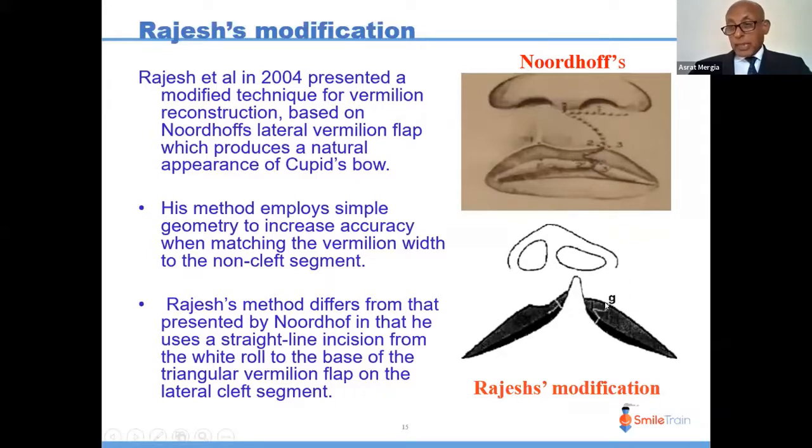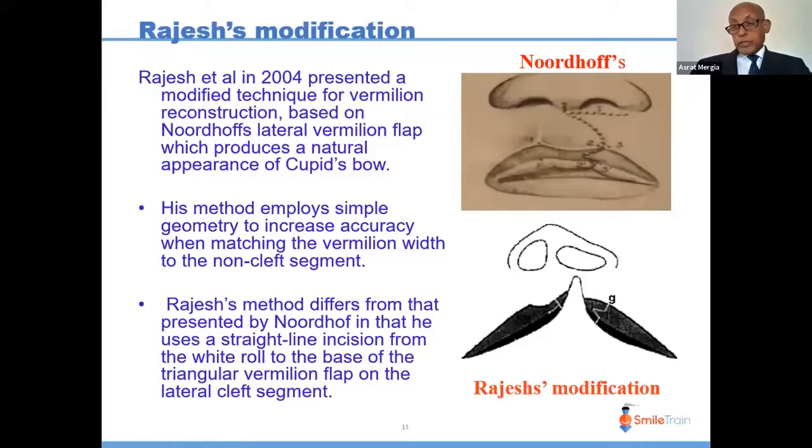So Rajesh recognized this, and he made the base of the triangle exactly fill the defect, the missing part of the medial aspect of the lip, so that it fits very well.